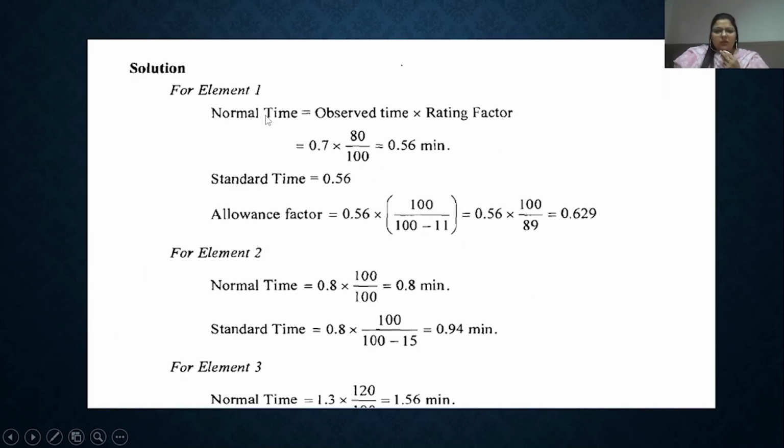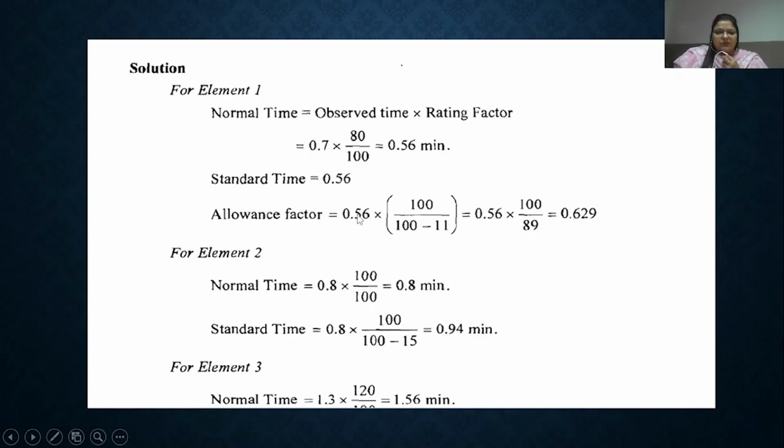The formula is normal time equals observed time times rating factor, divided by 100 because it is a percentage. So the normal time will be 0.56, and the normal time is equal to the standard time, so this is 0.56.